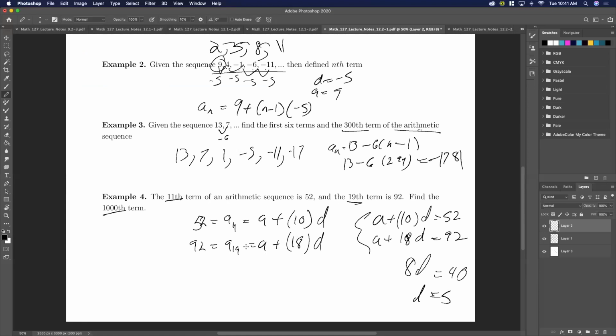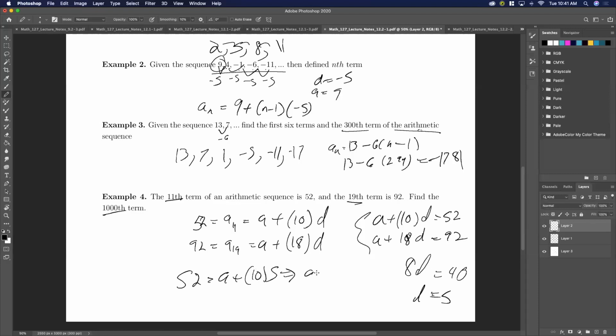So you just subtract them. In this case, it's as simple as subtracting, and it's always going to be the case for this. You just subtract the two, the smaller from the bigger. So I'm left with 8d, that's d equals 5. Once I know d equals 5, I can just use 52 equals a plus 10 times 5.